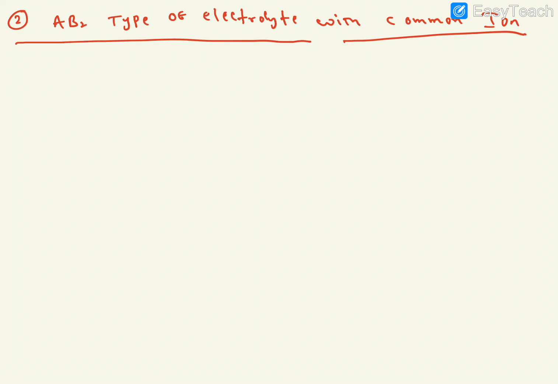So like this they will ask some questions, right? Next one, AB2 type of electrolyte with a common ion. Here, for example, we are taking nickel hydroxide. This is an AB2 type of compound.